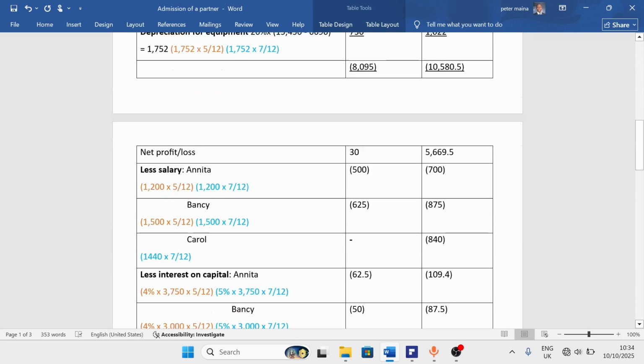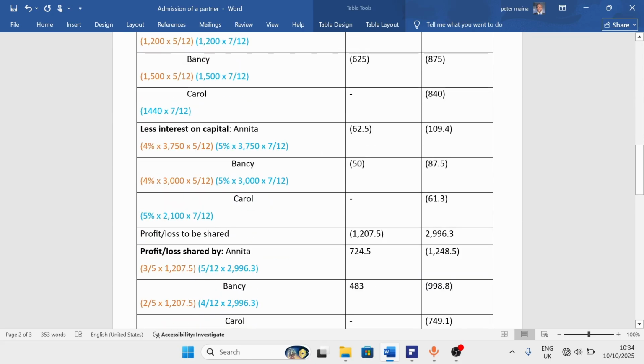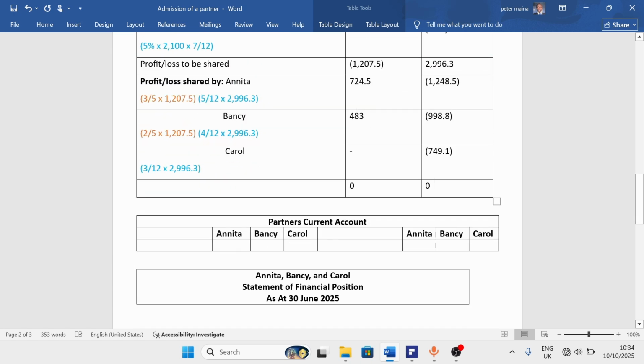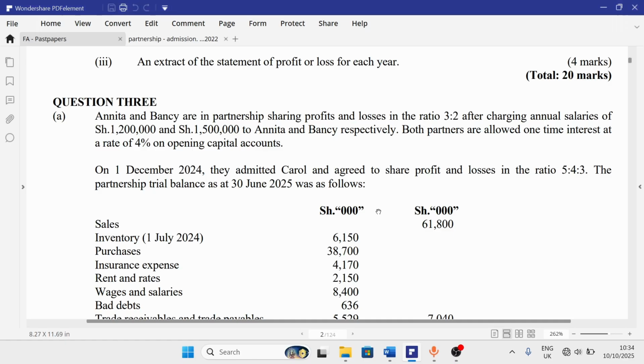The question did not require us to prepare a current account, but we have to prepare it as part of our workings. So now let us prepare a current account for all the partners. The first thing, we are supposed to start with the balance at the beginning of the year. That is the balance brought down. So let us go to the question and find the opening balances.